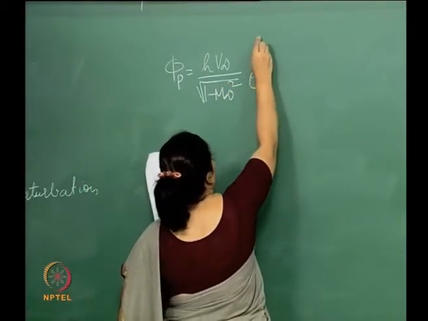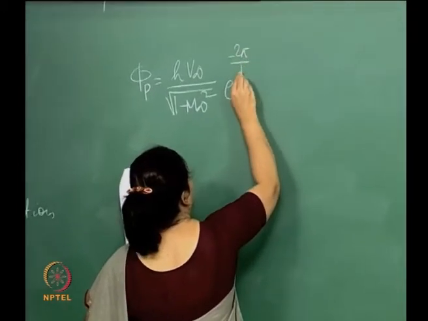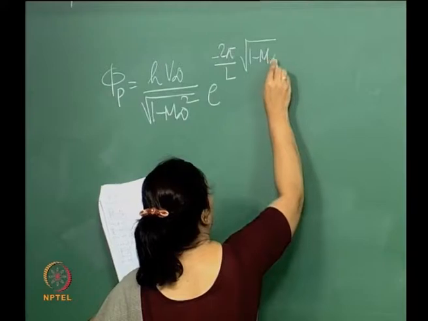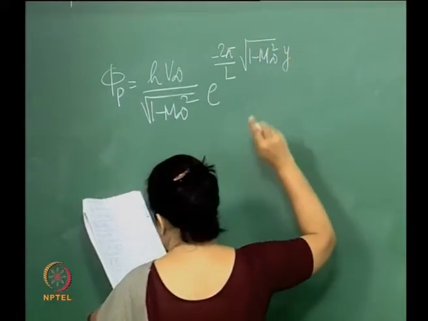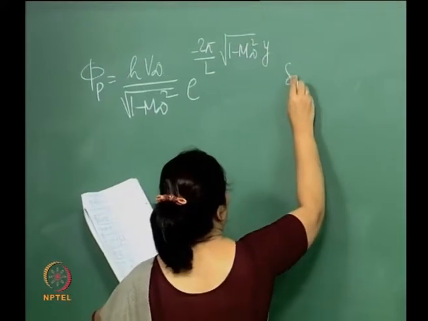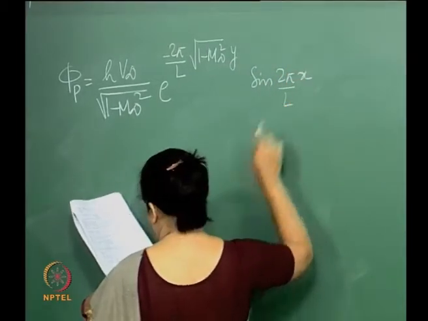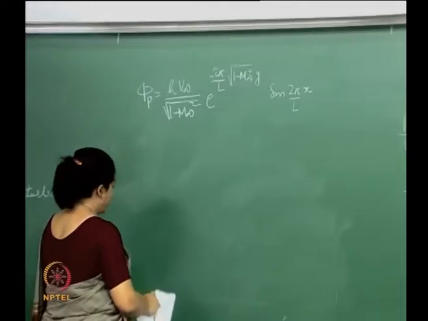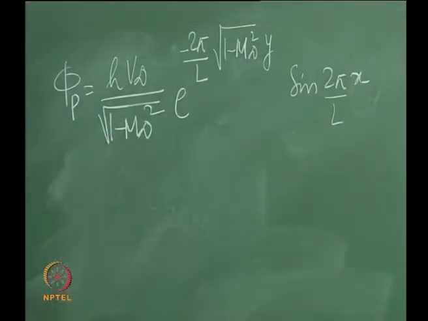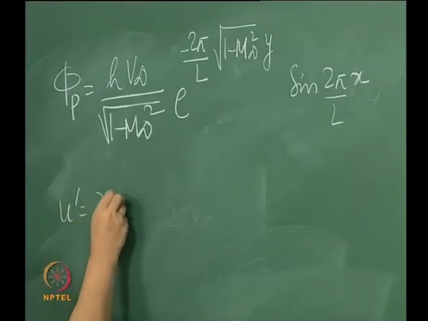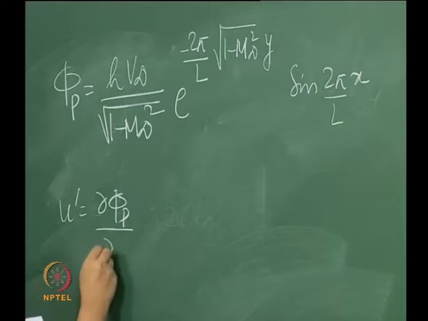So exponential, that, okay. So this was our phi p. So what we need here is u dash, okay, so u dash is nothing but, right, this is what it is.